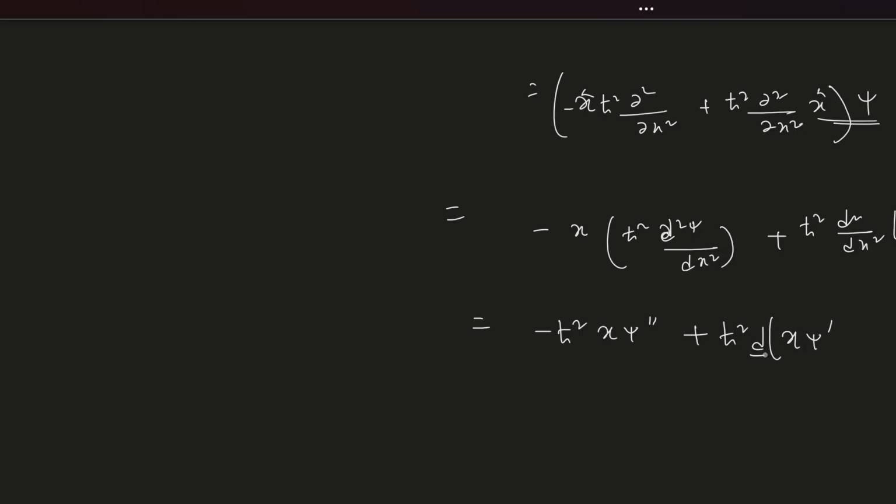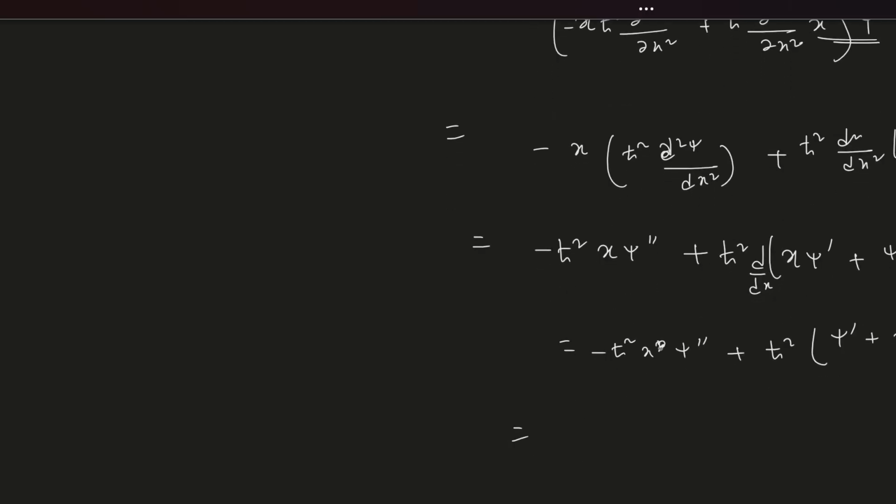So you take one derivative first: d dx of x psi is x psi prime plus psi. Then you take the second derivative, which gives h cut squared times psi prime plus x psi double prime plus psi prime.